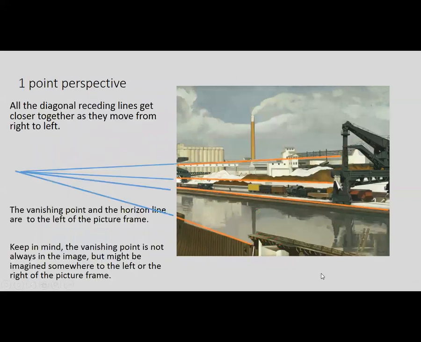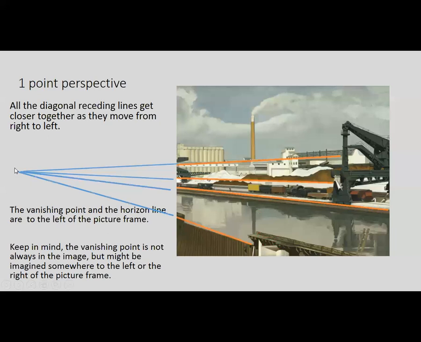So again, look at all these diagonal lines. They're receding. They're going from right to left. They're getting closer together as they move from right to left. And then their vanishing point is somewhere way off the image.